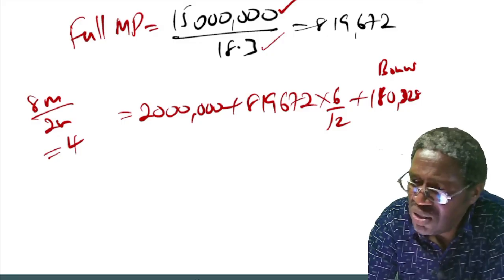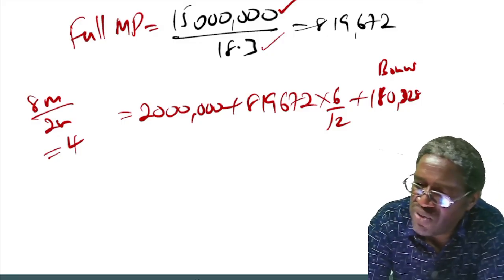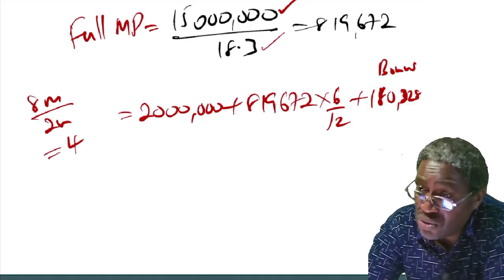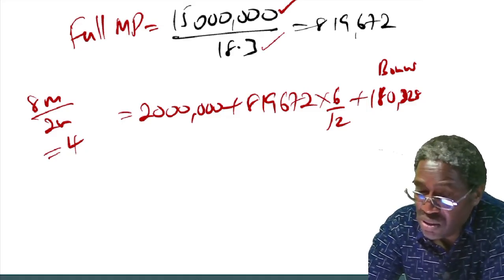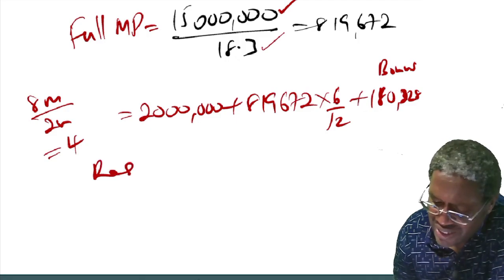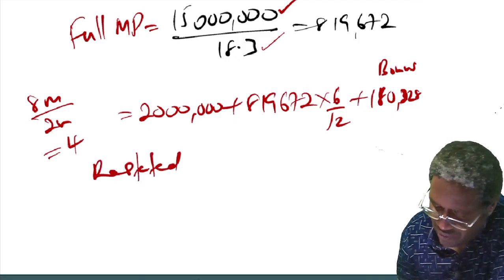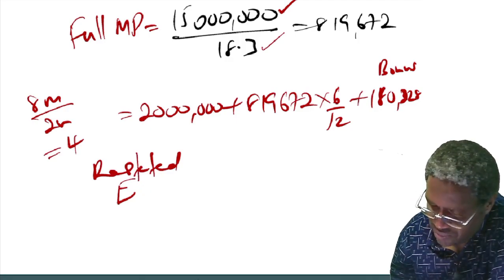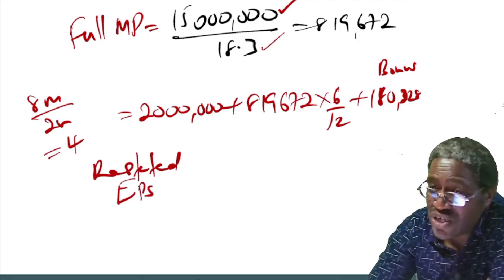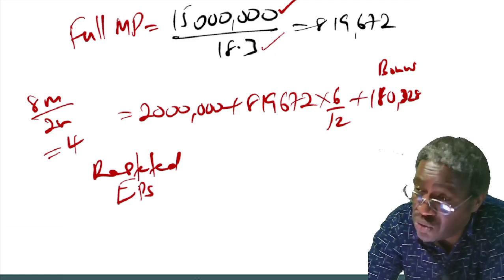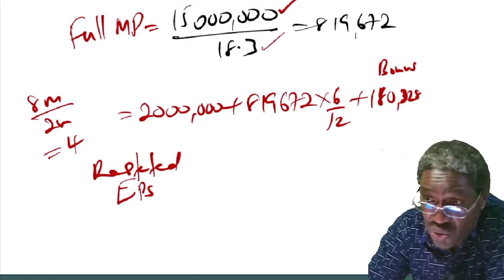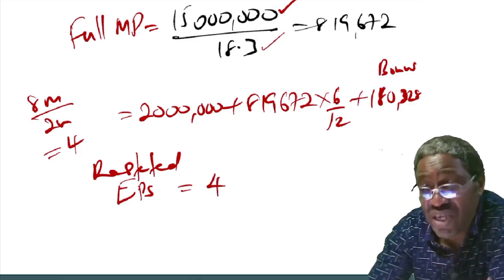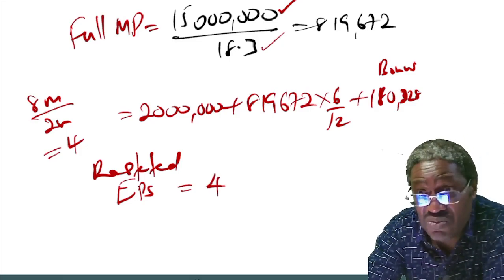But now we are saying that EPS of the previous year should be restated for comparison purposes. So to compute the restated EPS, you don't do like you did for stock option. No. You now take the EPS of the previous year, which is 4.